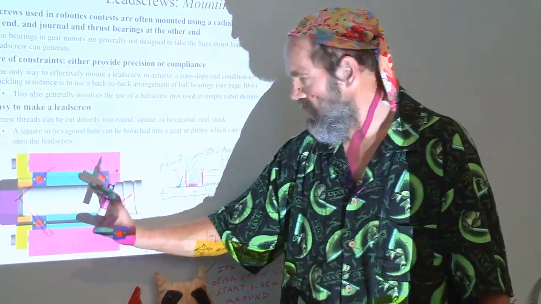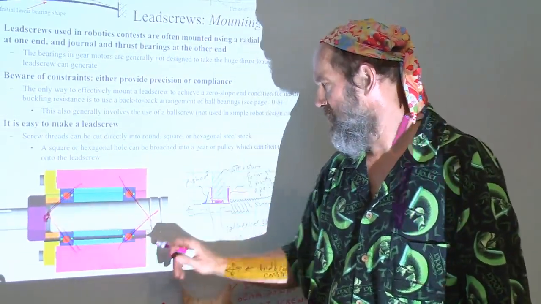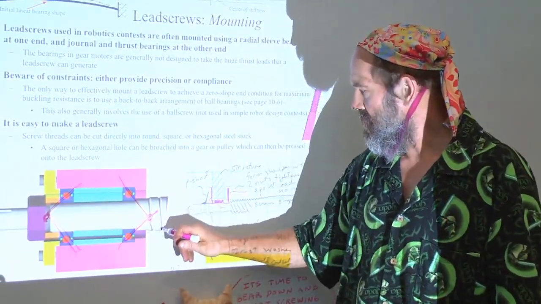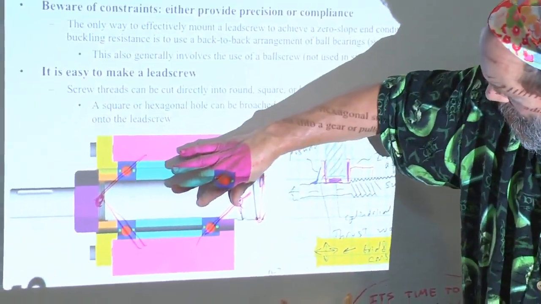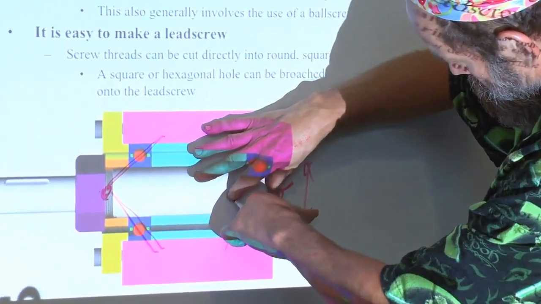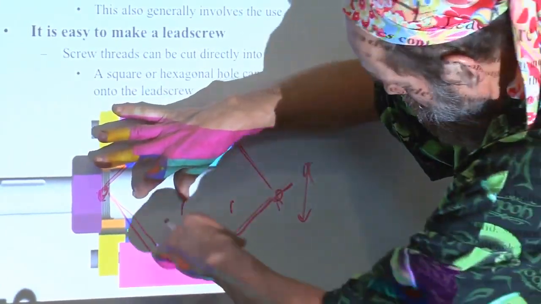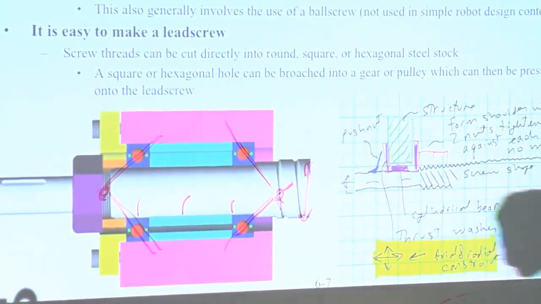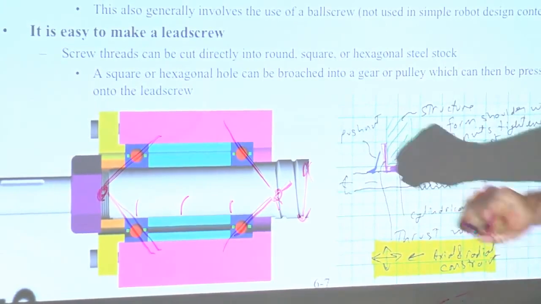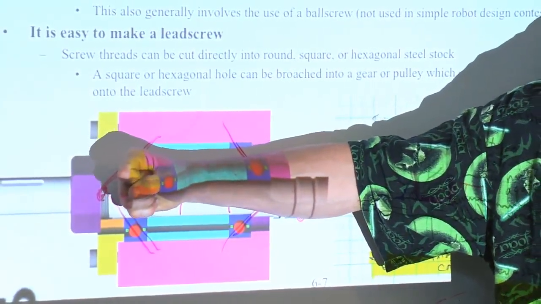So it can take loads either front to back, and now the effective centers are from here to here, and here is the shaft diameter. So we've got 1, 2, 3, roughly 4 shaft diameters effectively holding this screw shaft. This screw shaft now thinks it's welded into a wall in terms of bending.